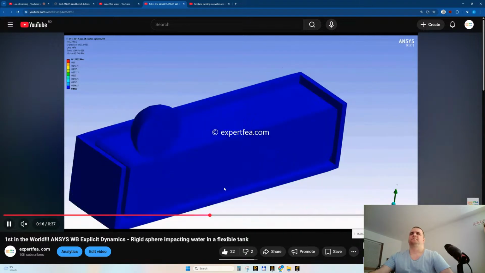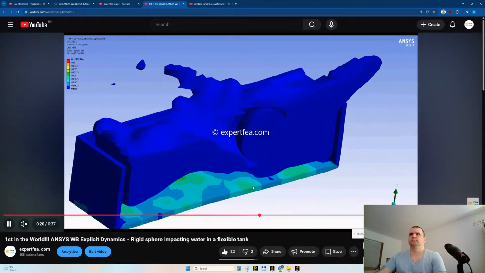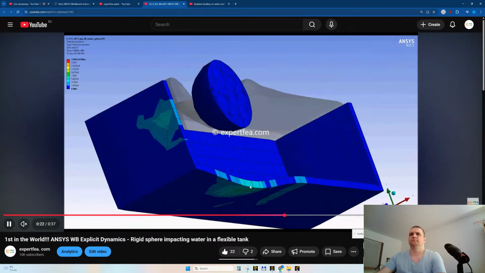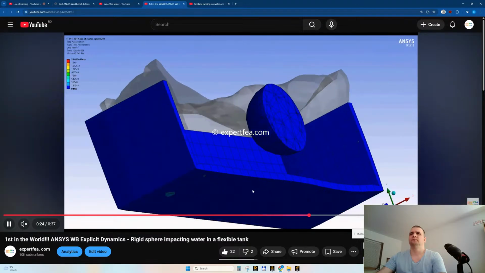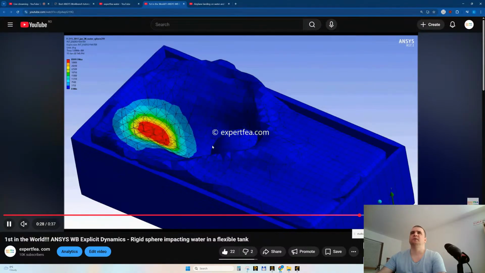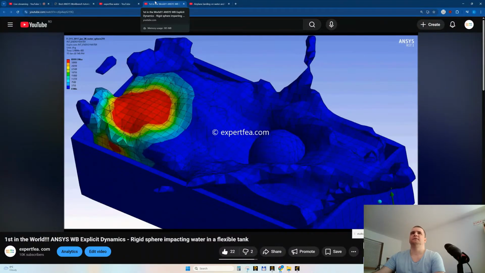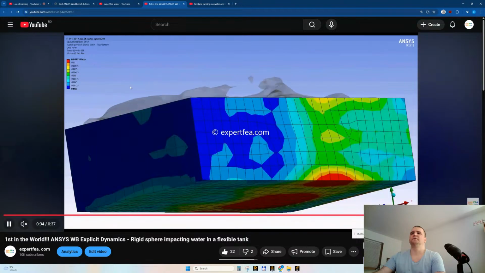Coupled Eulerian-Lagrangian. Yeah, it's nice. You can see the bottom flexible. Very nice. Energy strain.